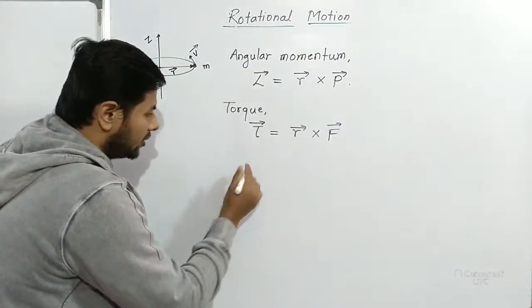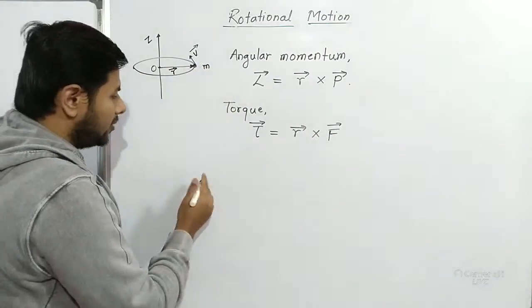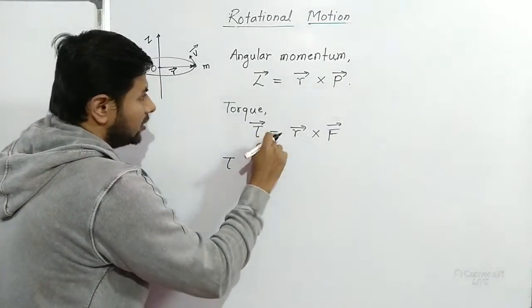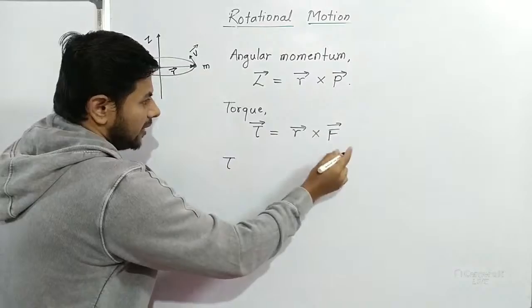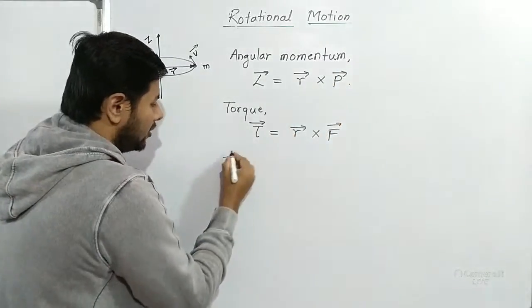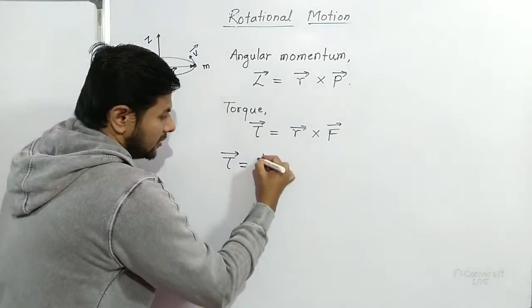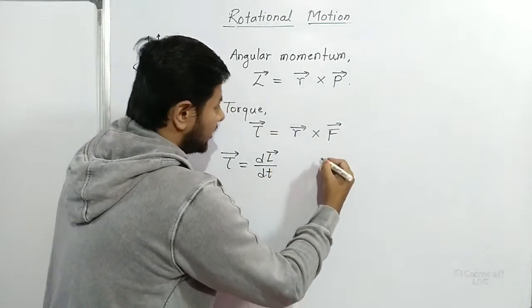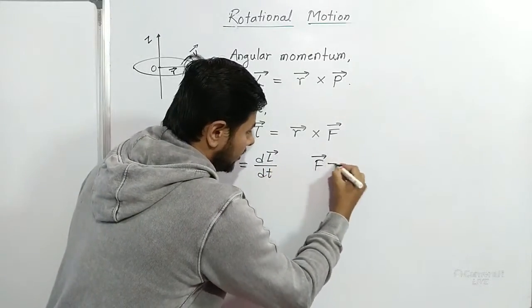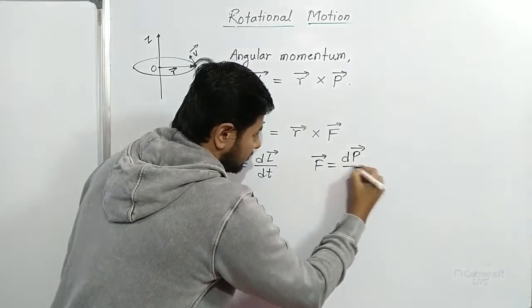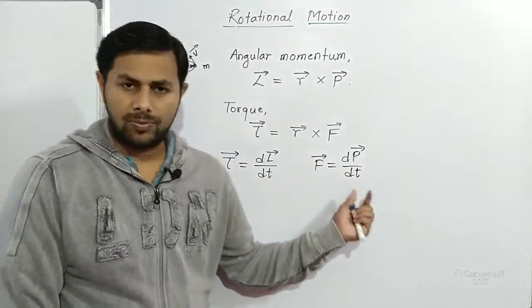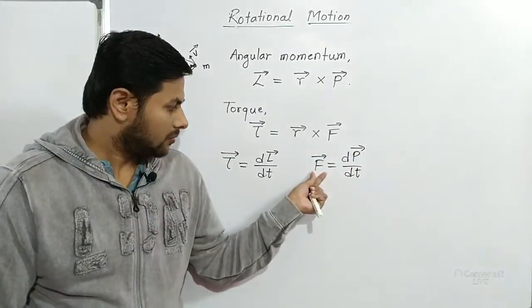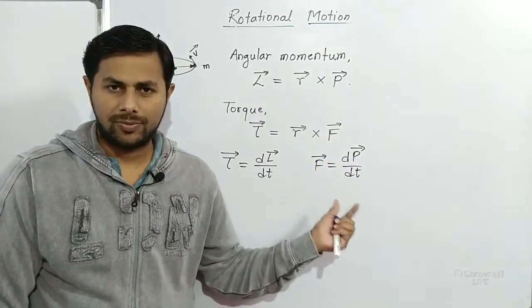We found that for a single particle revolving in a circle, the relation between tau and L is just like the relation between F and P. So tau bar is dL bar by dt. Just like in the linear case we have F bar equals dp bar by dt. This is Newton's second law of motion: the rate of change of momentum with respect to time is equal to the external force acting on the body.